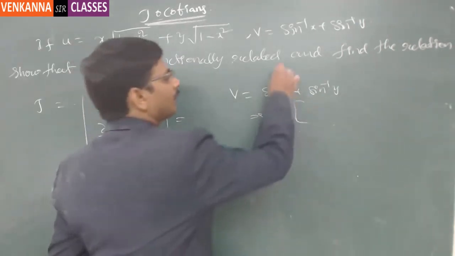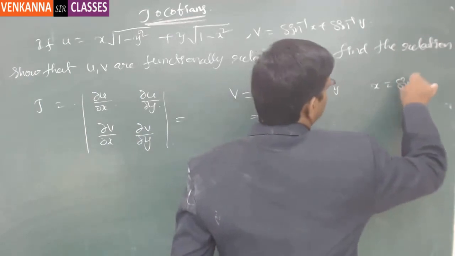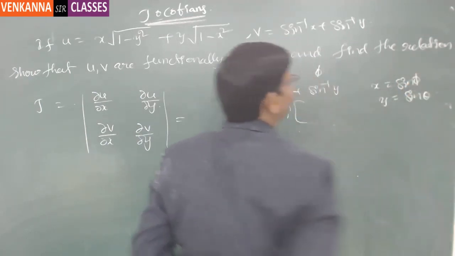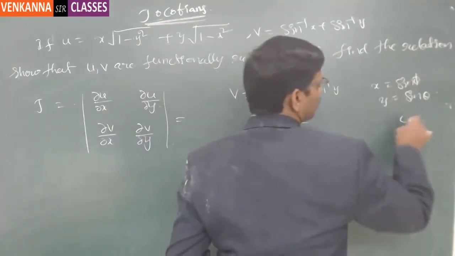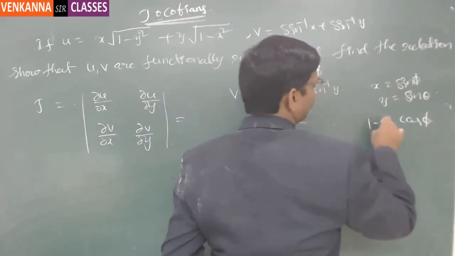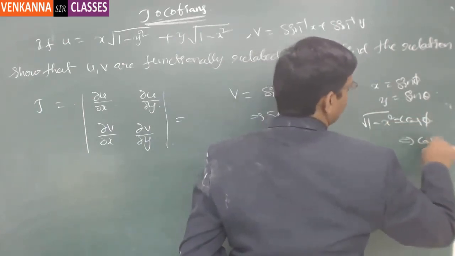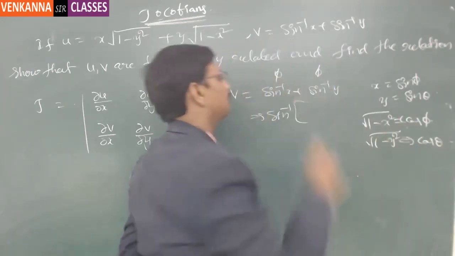So as if this is phi and this is theta, then x is equal to sine phi and y is equal to sine theta, right? Then obviously cos phi will be 1 minus x square under root, and cos theta will be 1 minus y square under root. Now sum of these two angles.